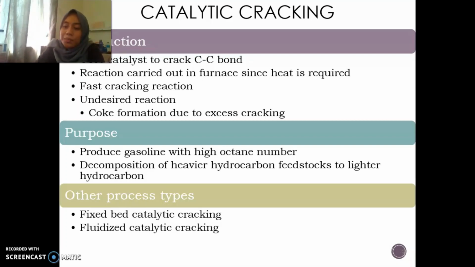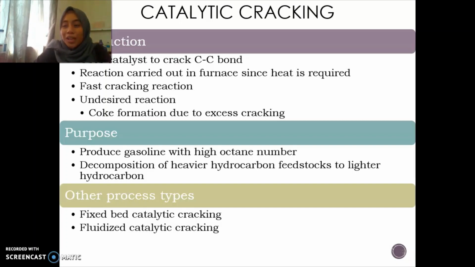The purpose of catalytic cracking, as I mentioned earlier, is to produce gasoline with a high octane number, and it is used for the decomposition of heavy hydrocarbon feedstock to lighter hydrocarbon. There are two types of catalytic cracking, which are fixed bed catalytic cracking and fluidized catalytic cracking.